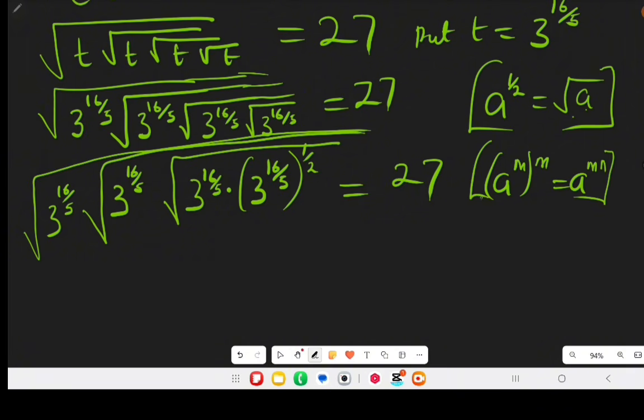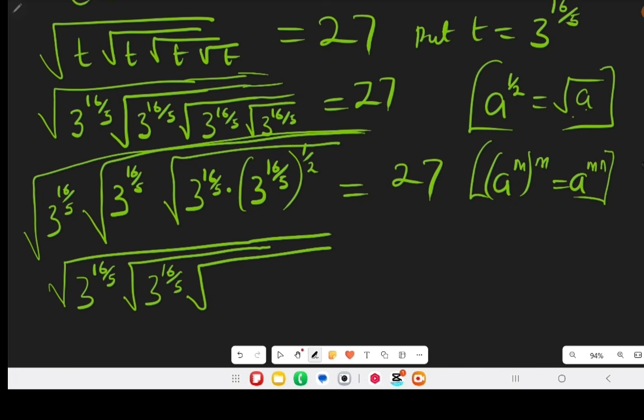So if we apply that here, we are going to have the biggest root of 3 raised to the power of 16 over 5, root of 3 raised to the power of 16 over 5, root of 3 raised to the power of 16 over 5, times, when we multiply the powers, 2 can cancel, 16 gives us 8. Now we have 8 times 1 gives us 3 raised to the power of 8 all over 5. Will it give us 27? Let's see. We move further.